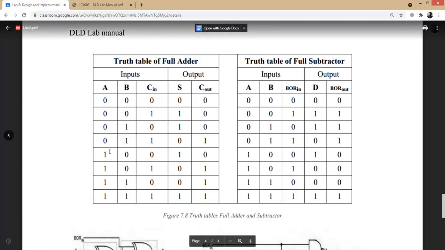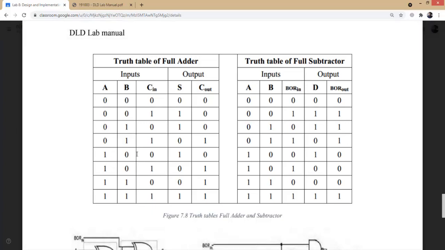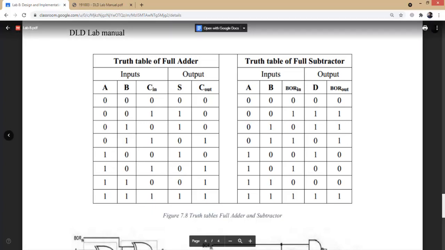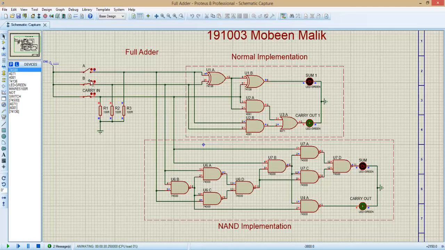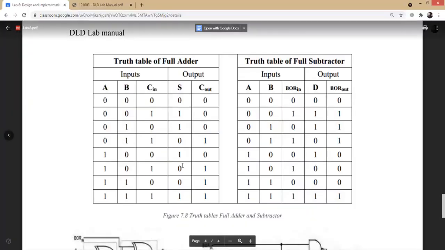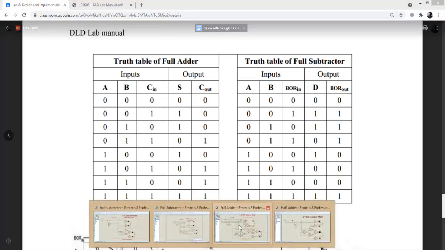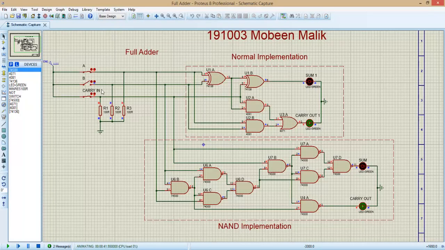Now let's see these four inputs, where A is 1, and we have to change these inputs. Here, if I turn the A on and then turn the carry in on, if this becomes 1, then you can see from the truth table 1 plus 0 plus 1 has a carry 1, but sum is equal to 0, which is also shown here.